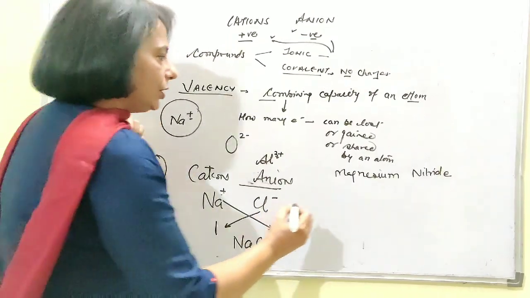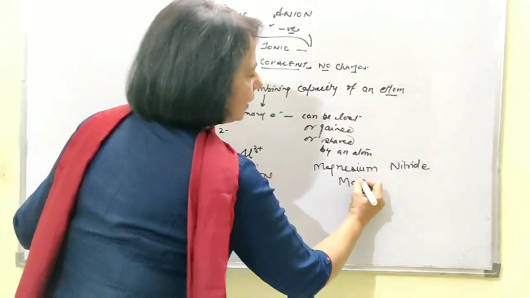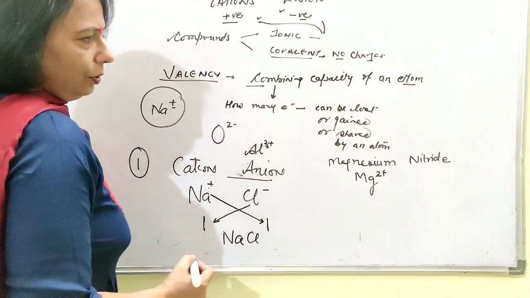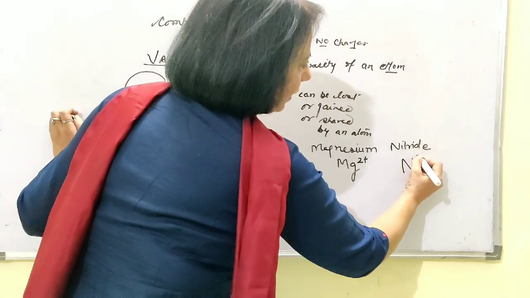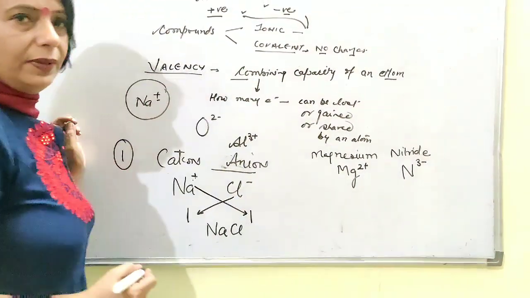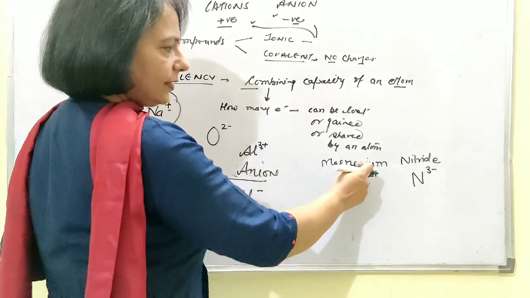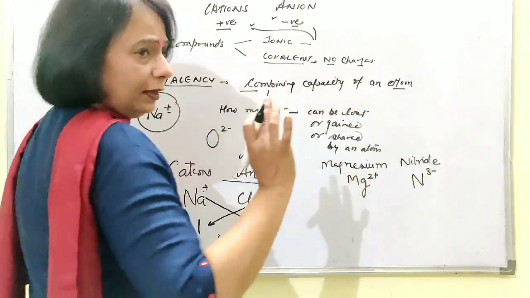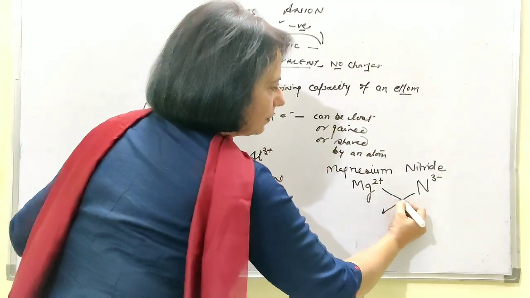Magnesium symbol is Mg and it's carrying a valency of +2. Nitride is N, and the valency is 3 with a negative charge. So, the second step here also, I have written the cation on the left side and the anion on the right side. So let's crisscross the valencies.